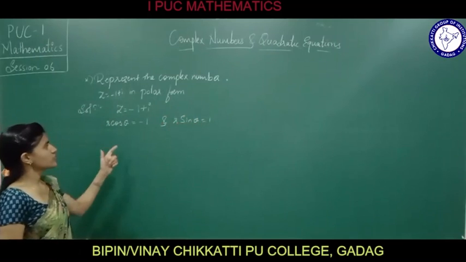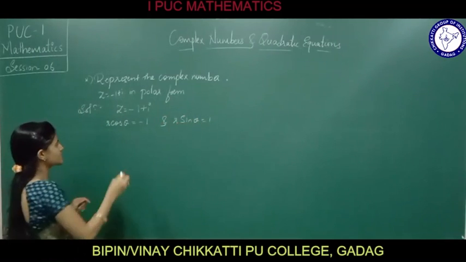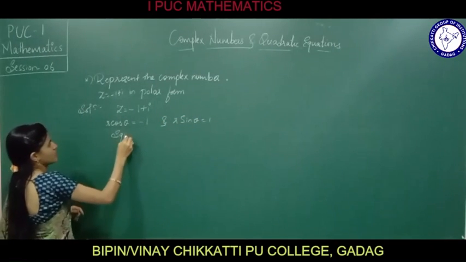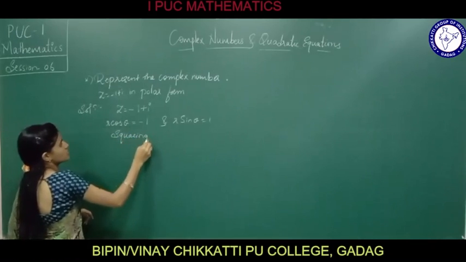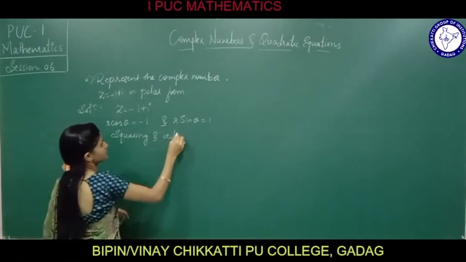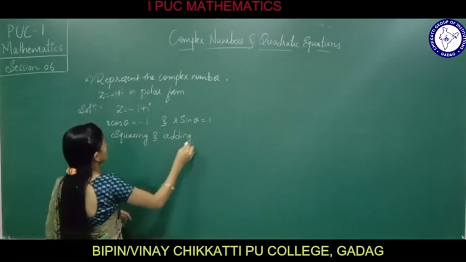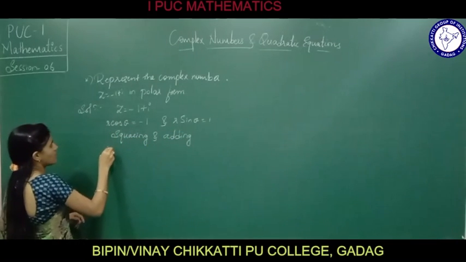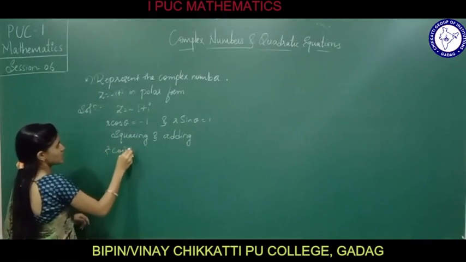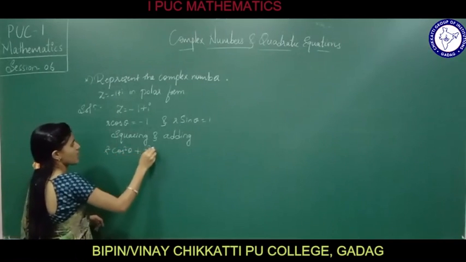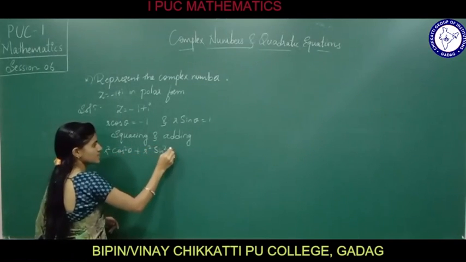So now what we are going to do? Squaring and adding. That is r square cos square theta plus r square sin square theta.